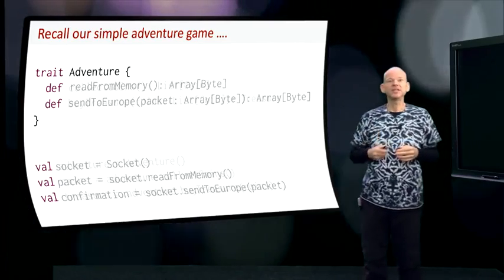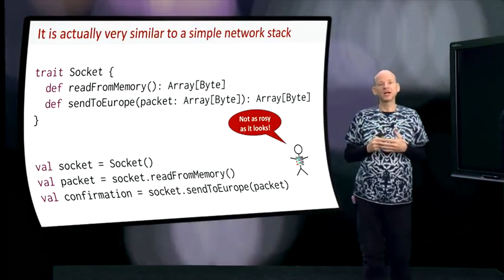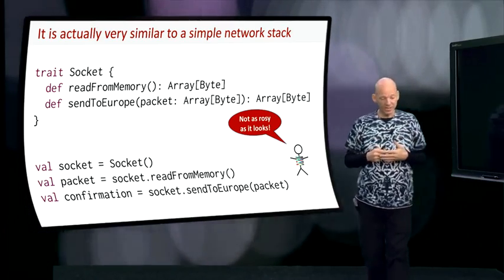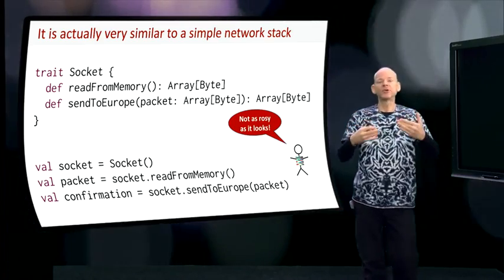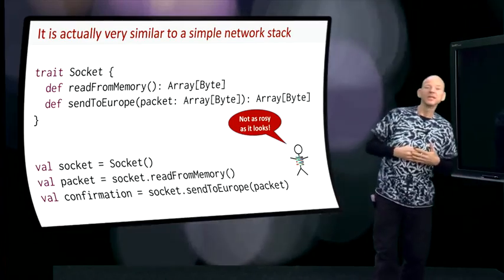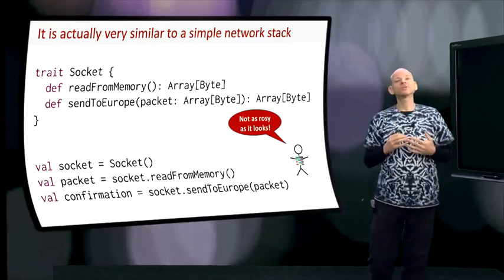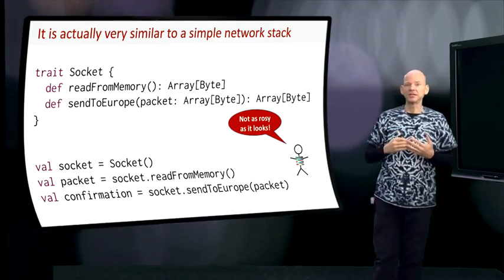And it's really easy. First of all, we're going to turn our adventure into a socket. And instead of collecting lists of coins, we're going to read from memory an array of bytes. And instead of buying treasures, given a list of coins, we're going to send a packet from the US to Europe and back. All right?